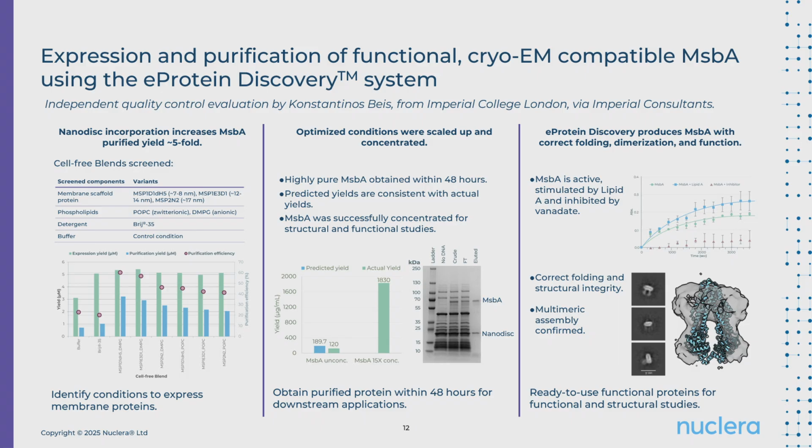We incorporated these membrane scaffold proteins in 3 different sizes: MSP1D1 DH5, MSP1E3D1, which is a slightly bigger size to incorporate some of these transporters, and MSP2N2, which is the largest size of the MSP scaffold. And we tried 2 different phospholipids and a detergent as the traditional approach, and the control condition was just buffer. And what we saw was these nanodiscs actually helped in the folding and increased the yield for MSBA.